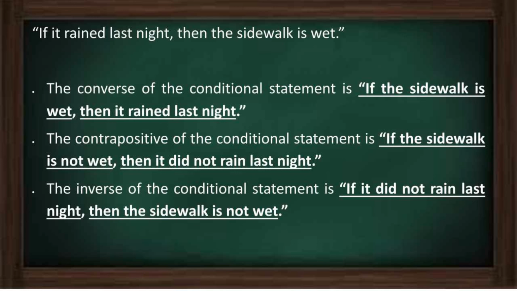Yes, it did not rain last night. So let us proceed with the inverse. Our inverse is if not P, then not Q. So what is our statement here? Yes, if it did not rain last night, then the sidewalk is not wet, where P here is it did not rain last night and Q, the sidewalk is not wet.